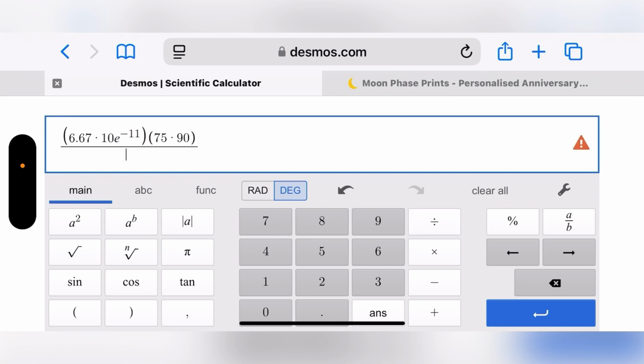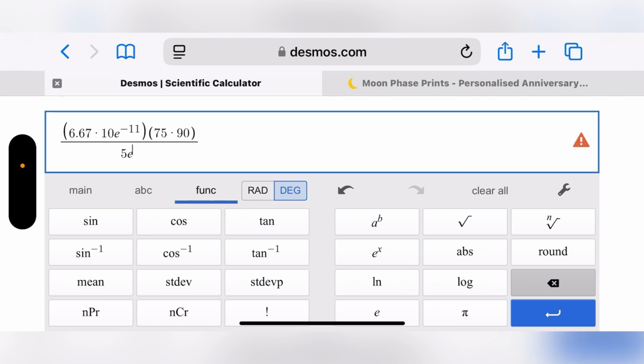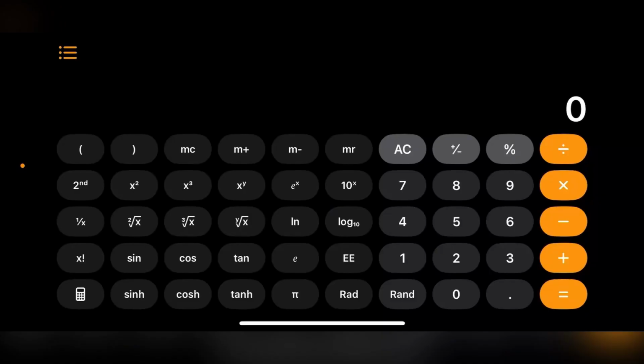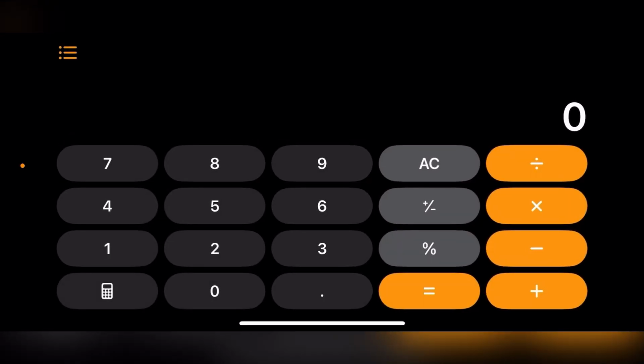Divided by 5. Just gonna go basic real quick, see if this works.